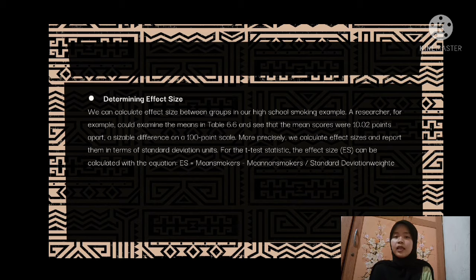More precisely, we calculate effect size and report them in terms of standard deviation units.